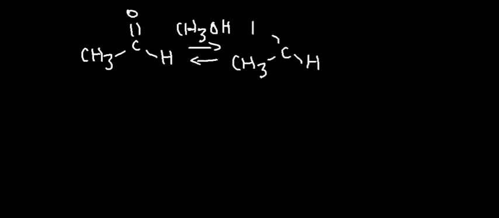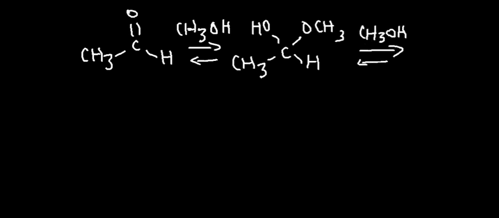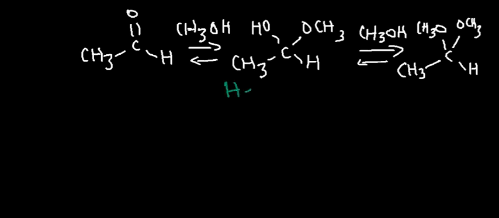So we're going to have one alcohol group and one OR group, or OCH3. And it can react with another alcohol, in this case methanol. And we're going to get two OR groups, or two OCH3 groups. So this is a hemiacetal.